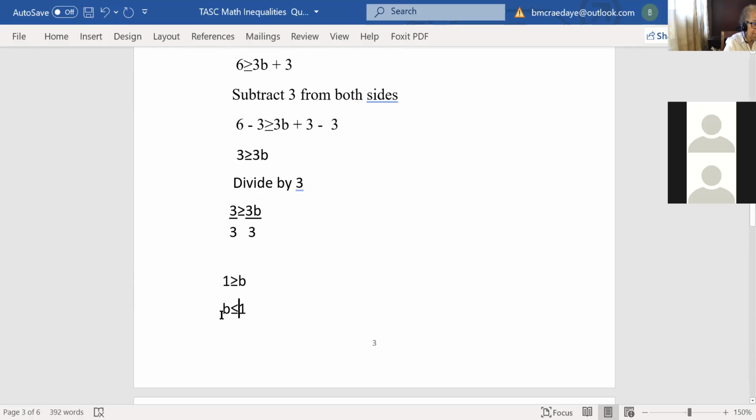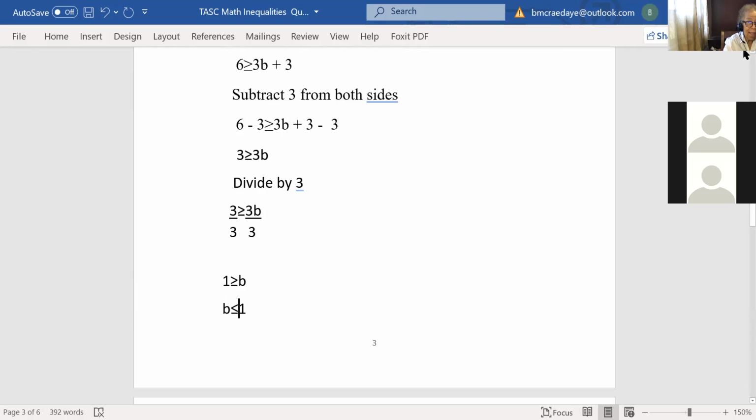So b is now less than or equal to 1. If 1 is greater than or equal to b, then b is less than or equal to 1. Just think of a number. 1 is greater than 0, right? So 0 is less than or equal to 1, correct?